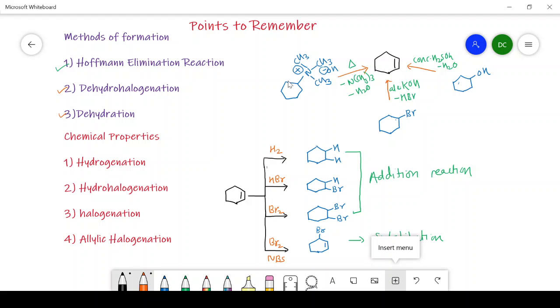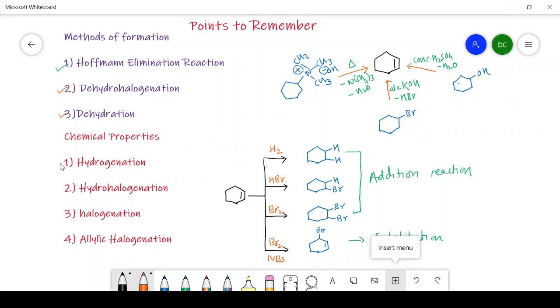In the Hofmann elimination reaction, trimethylamine is eliminated along with water to form the corresponding cycloalkene, whereas in dehydrohalogenation, bromocycloalkane is treated with alcoholic KOH to form cycloalkene, and in dehydration, cycloalkanol undergoes dehydration in presence of H2SO4 and heat to form cycloalkene.